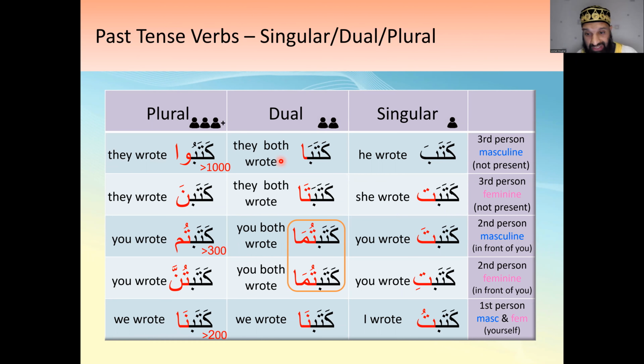When it comes to present tense, we'll see that an additional letter comes at the start, attaches to the start of the word. That's how you can tell quickly that the verb is present tense, right? So past tense, the attachment comes at the end of the word. Present tense, the attachment attaches onto the start of the word.